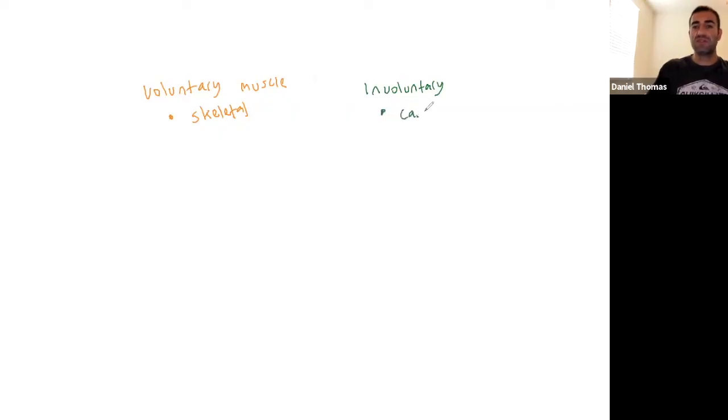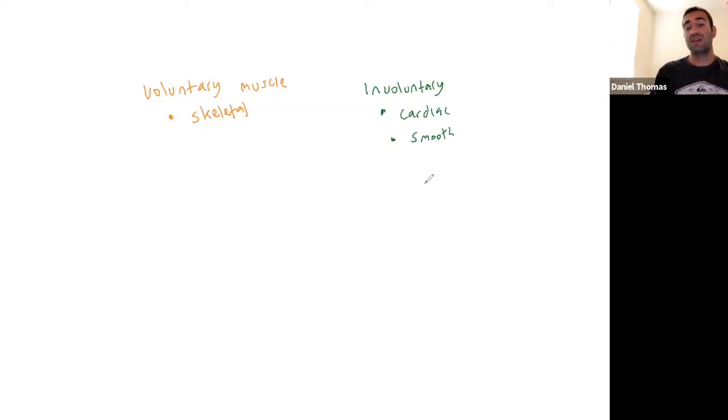Involuntary muscle is cardiac and smooth. And cardiac muscle, we know what the purpose of that is. It's responsible for the heart contracting. Smooth muscle, though, has a variety of functions, as I said. It involves things like sphincters that either open or close.